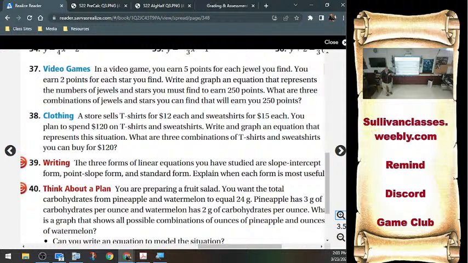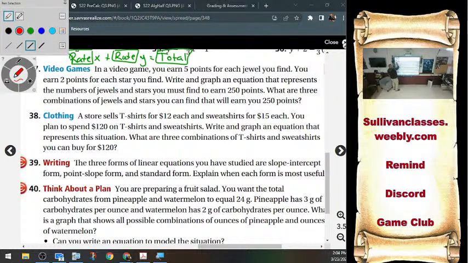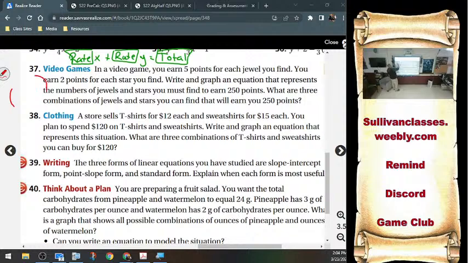Remember, rate X plus rate Y is total. We wrote that little word problem cheater down because they say, blah, blah, to earn 250 points. So if I have rate X plus rate Y is total, I know rate number one. First of all, before I do anything, I should label what I'm talking about.